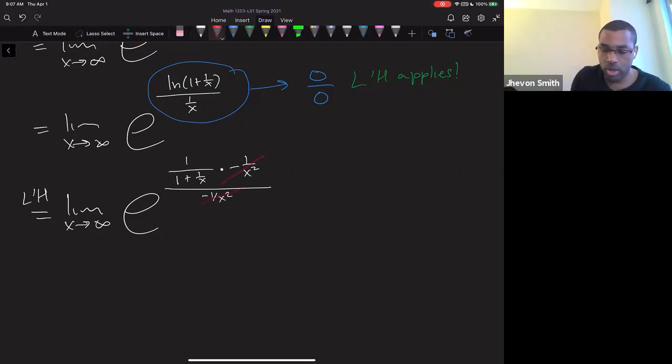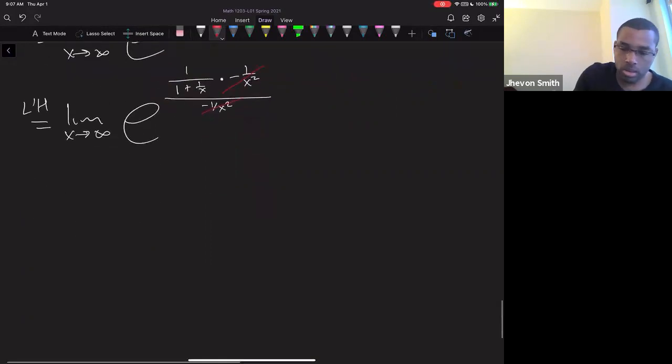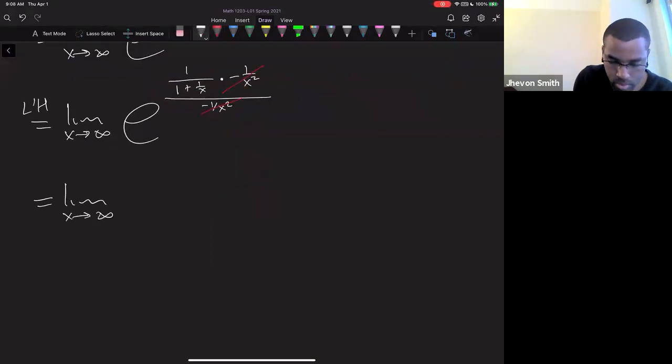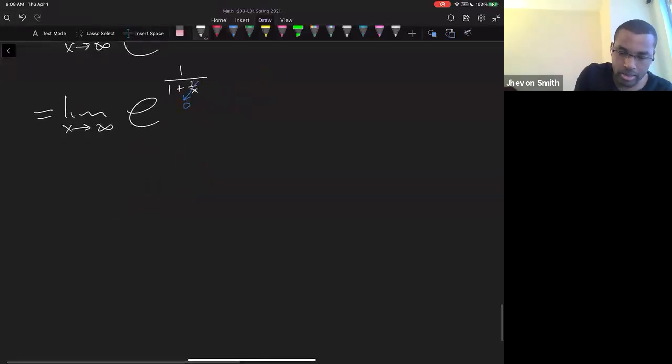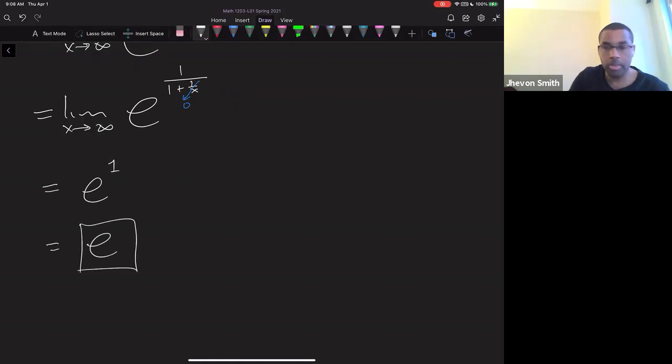The minus 1 over x squared would cancel. And as x approaches infinity, this is going to approach 0. And that's determinate. I know what that is. This is just e to the 1, which is e by our exponential rules.